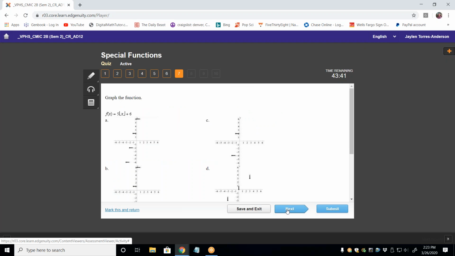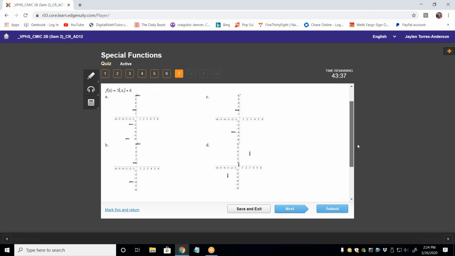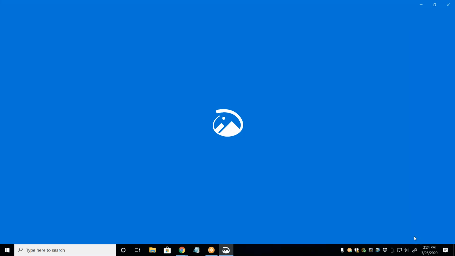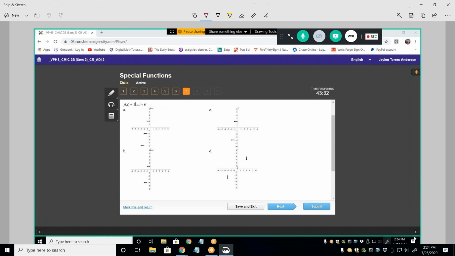Okay, greatest integer function. So which way are we going to go? In other words, the difference between the least integer function and the greatest integer function is which way you go.